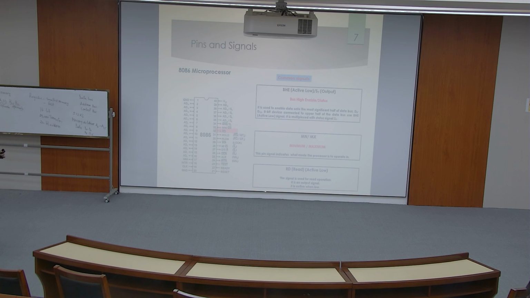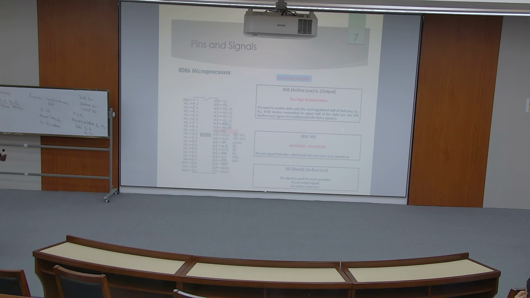Next we have the BHE, which is the bus high enable status. This is used to enable data on the most significant half of the data bus. For example, you have D8 till D15. These are the upper half of the data bus.